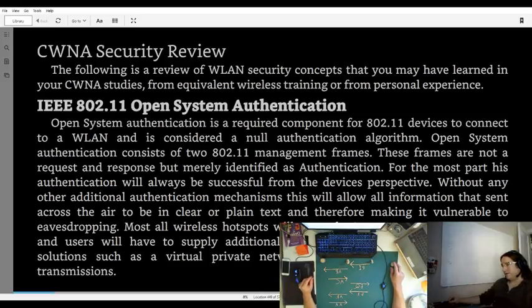This will allow all information that is sent across the air to be in clear text or plain text, therefore making it vulnerable to eavesdropping. Most wireless hotspots use only open system authentication, and users have to supply additional authentication methods or encryption solutions such as a VPN to secure their wireless transmissions.